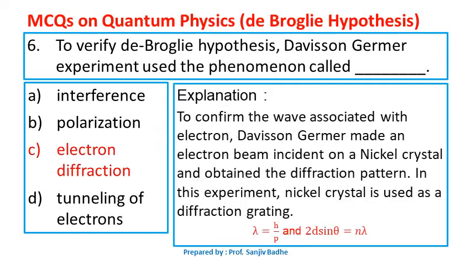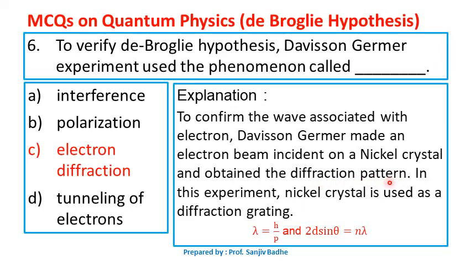We discussed this in the last question also. Davisson and Germer did one experiment to confirm the existence of wave associated with the particle, and in that experiment they made the electron beam incident on nickel crystal and obtained the diffraction pattern.